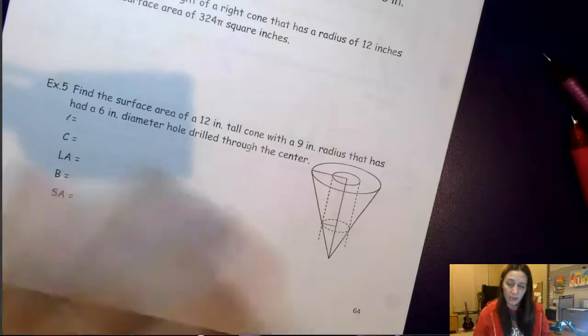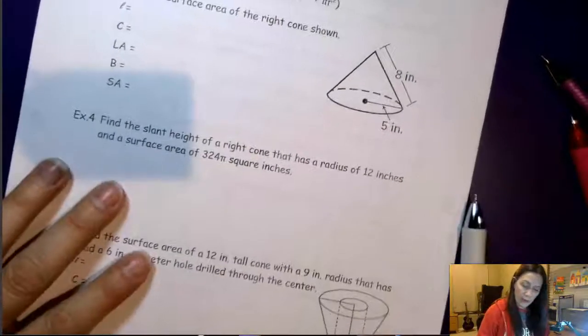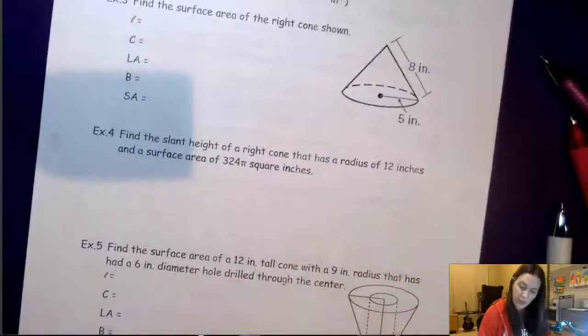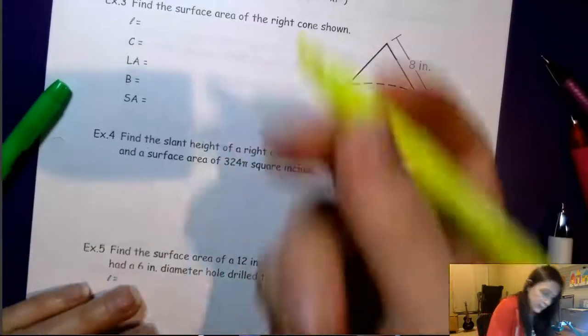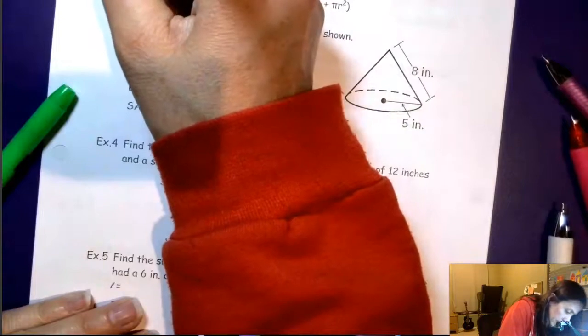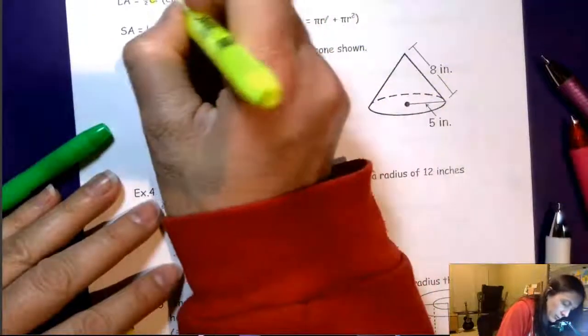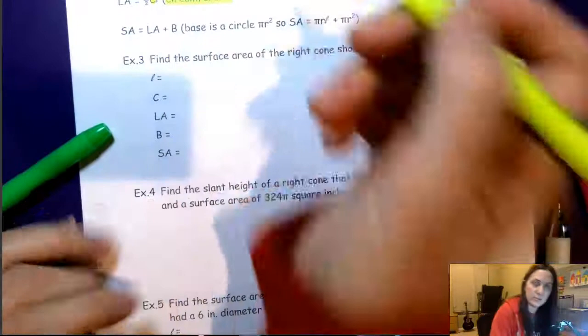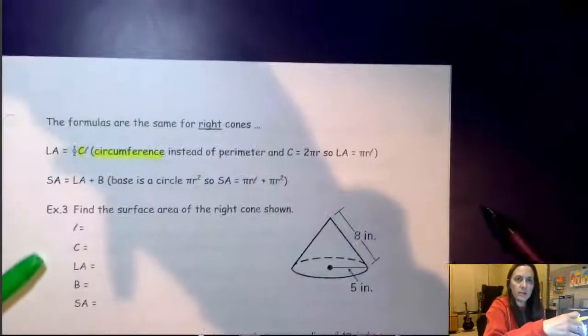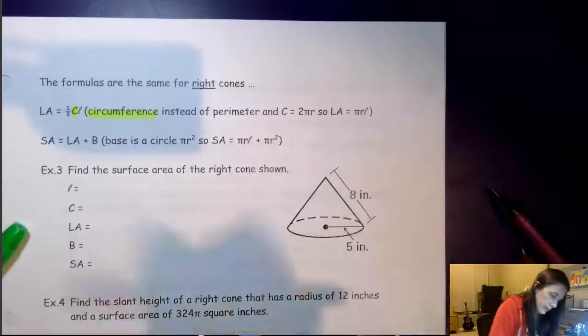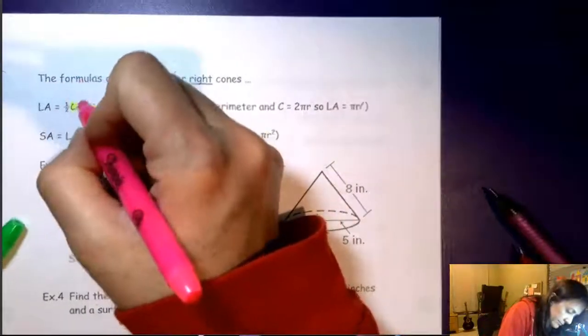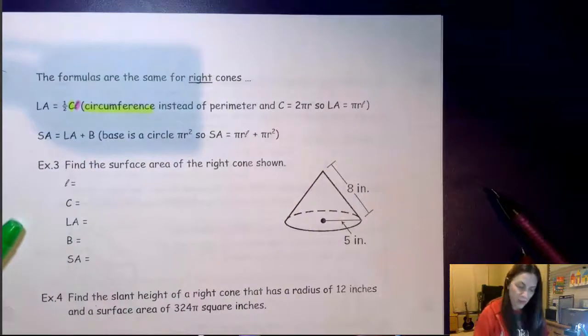Not much, actually. So the lateral area is still going to be half of the circumference, which the circumference is just really another word for perimeter, only when it's a circle, right? So here's our perimeter of a circle. And then our L is our slant height still, and we're still going to take half of it.